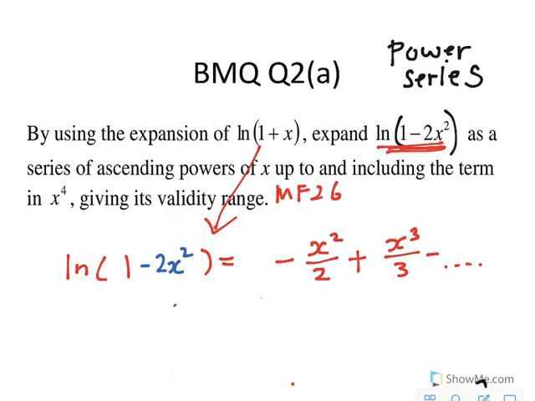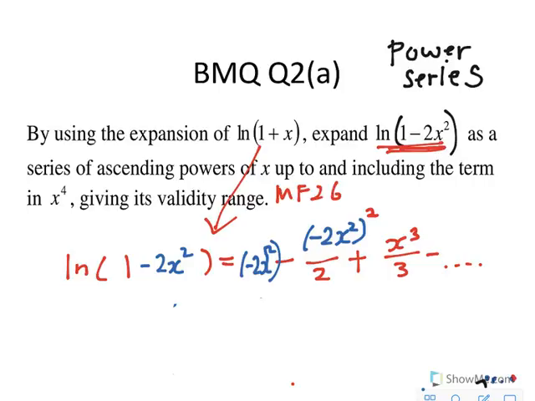Erase one more time: over here, I erase all the x and put -2x². This is x squared, so I erase the x again and put (-2x²), and remember there was a power 2 just now, so it's squared.